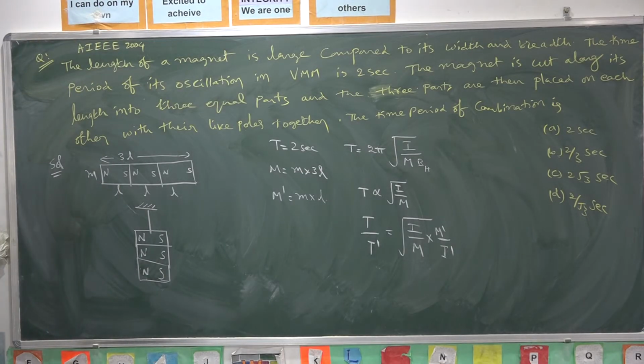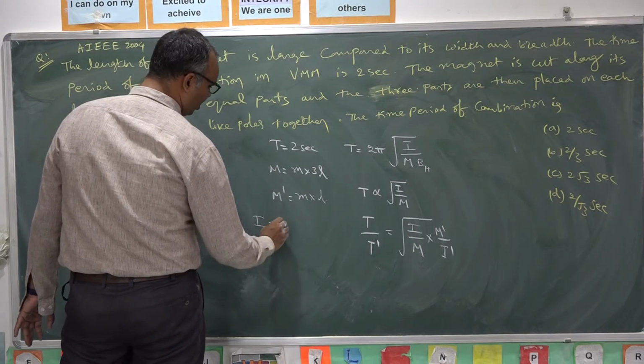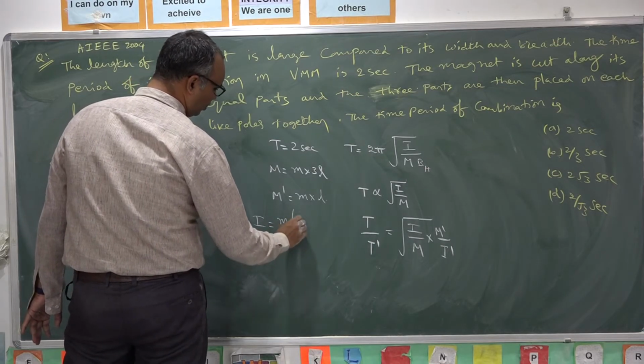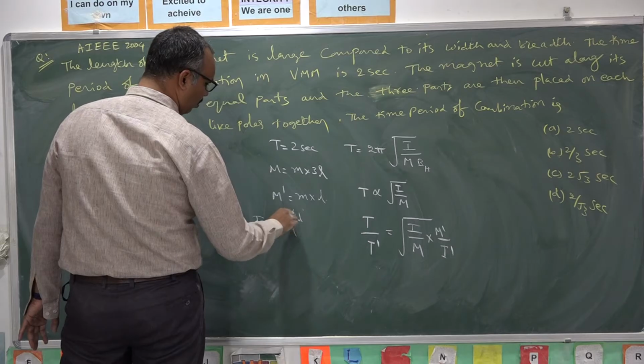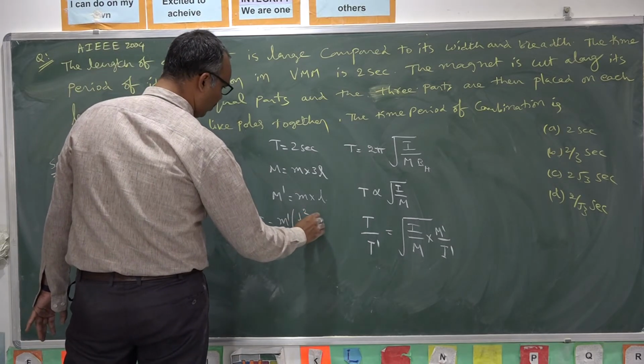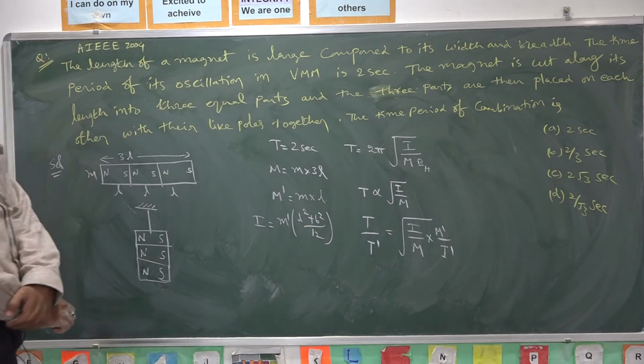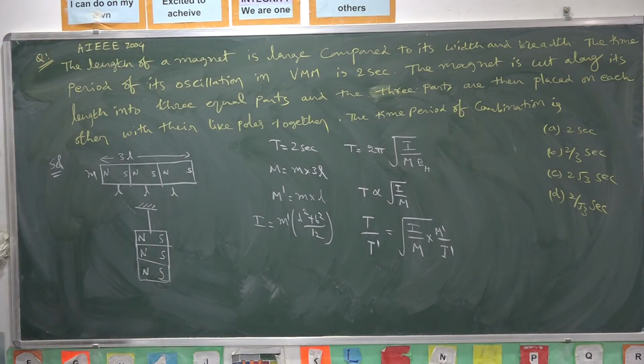What is I? I is moment of inertia. Moment of inertia of a rectangular slab is mass into L square plus B square by 12.